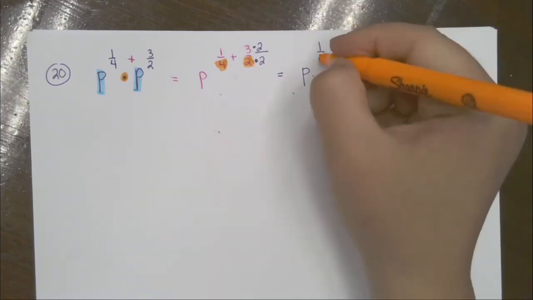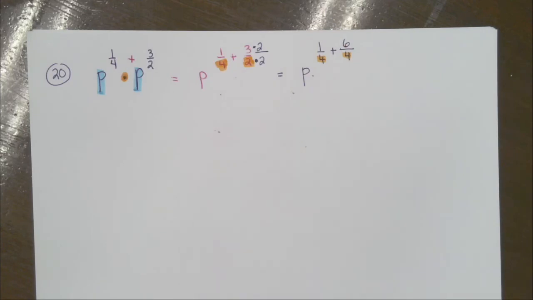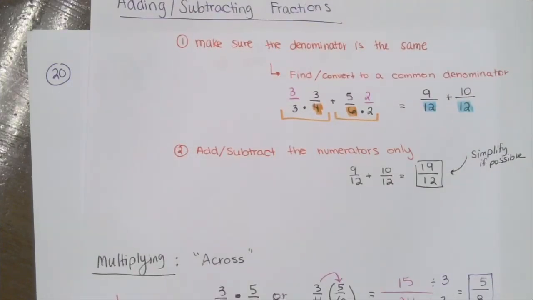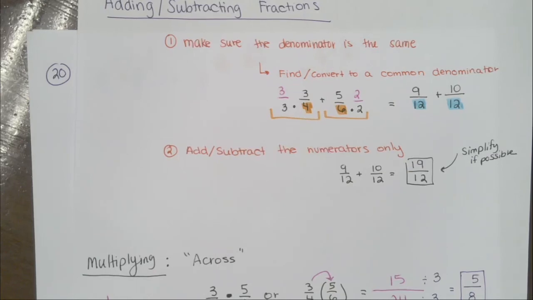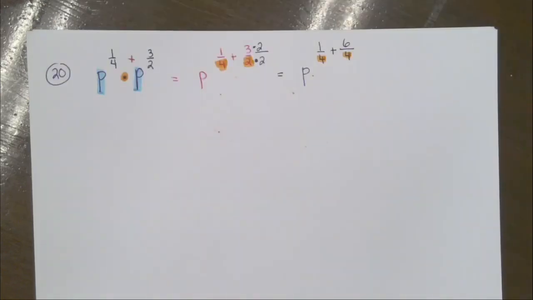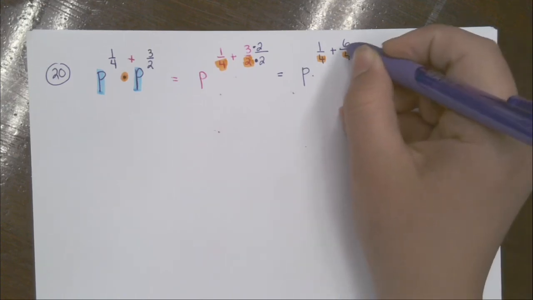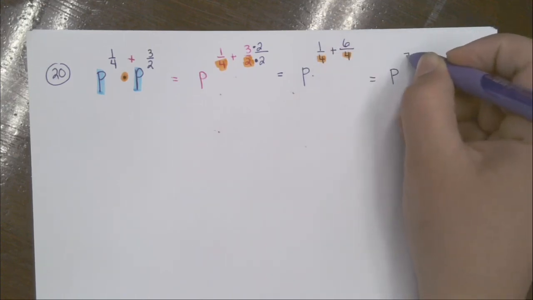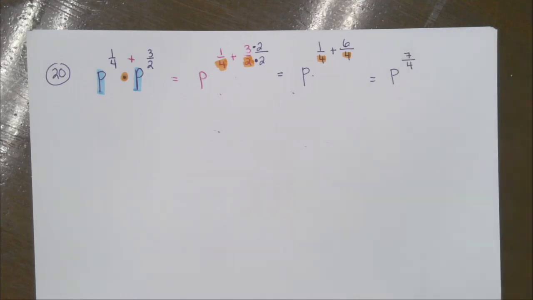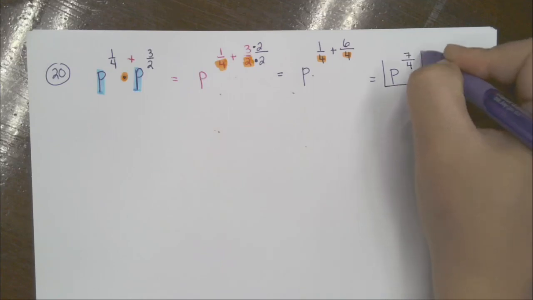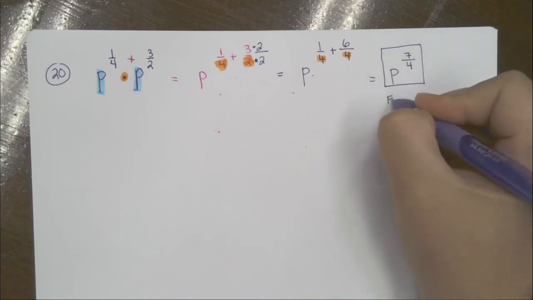Do I have the same denominator now? Yes. So step number 2, when you're adding or subtracting, you do that to the numerators only. In this case, we are adding, so we get P to the 7/4 power.